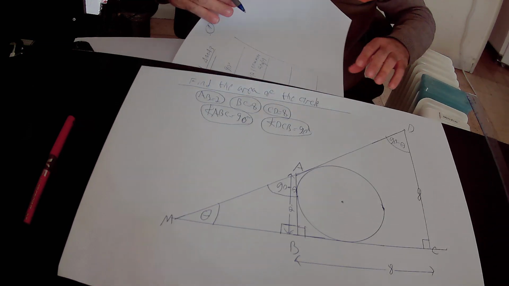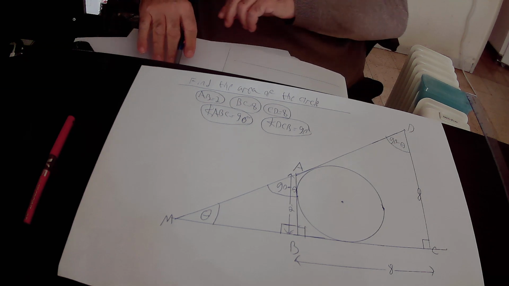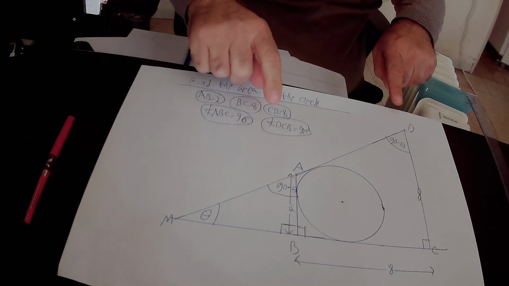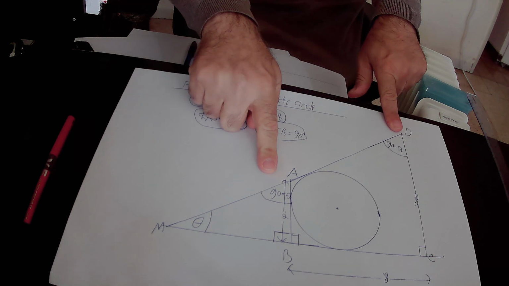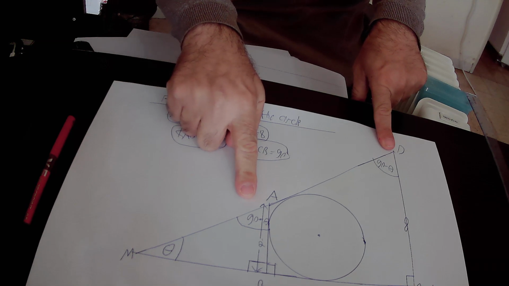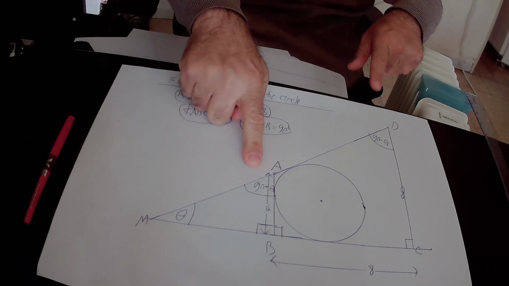And finally, those two angles are both equal to 90 degrees minus theta, therefore they are equal to each other. So write it down.